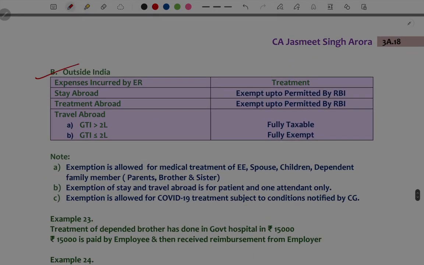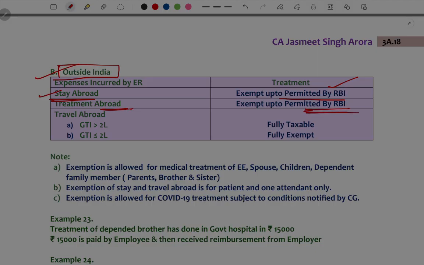If your employer is giving you perquisites for services outside India, stay abroad is exempt up to the limit permitted by RBI. In the question, we give you the per RBI limit. If your treatment is abroad, then it is exempt up to what is permitted by RBI.